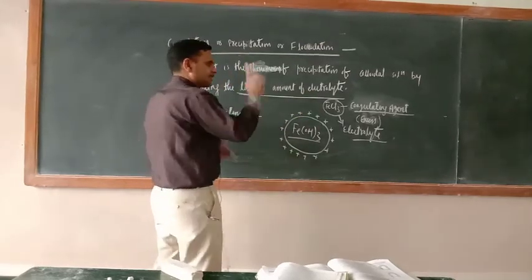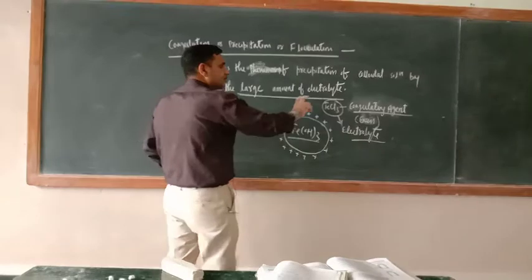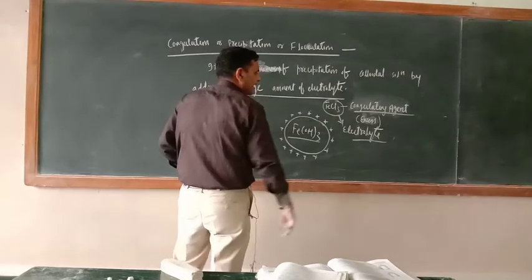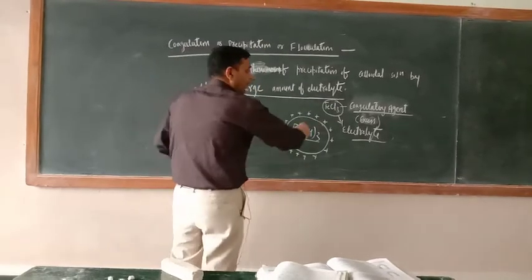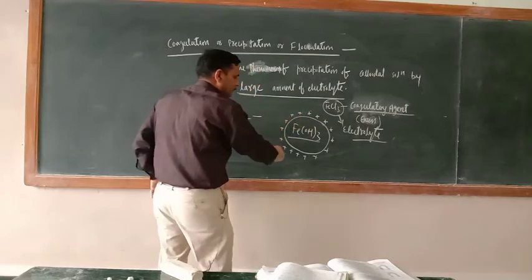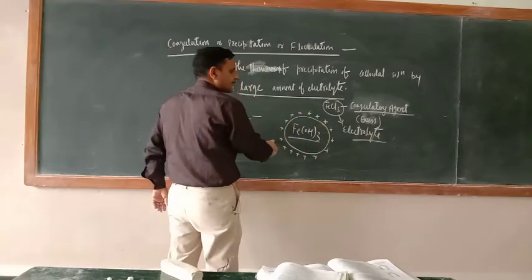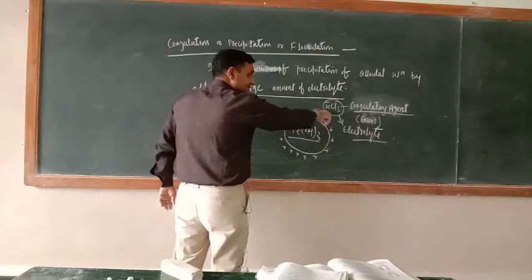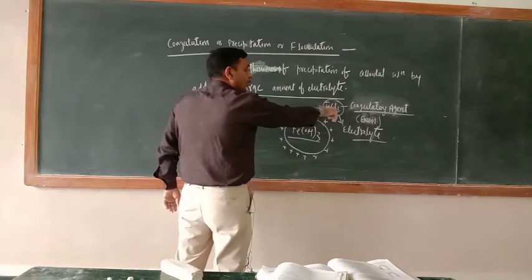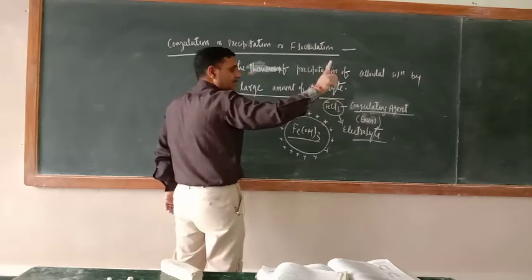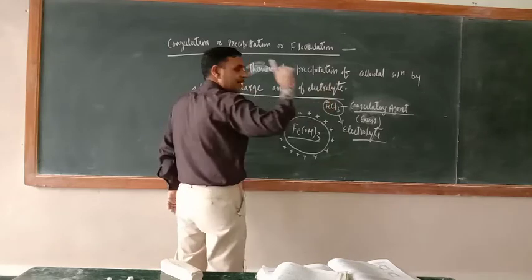Now try to understand, since you have added excess quantity of FeCl3, all the Fe3 positive ions will be adsorbed at this surface. Since this is in excess quantity, more Cl negative ions are also there.